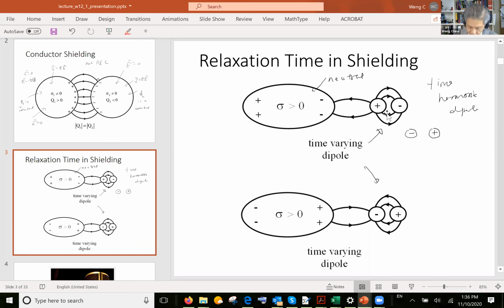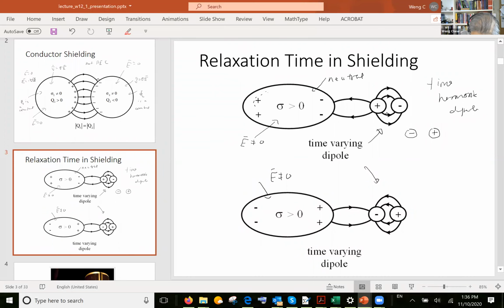It's quite easy to prove that the field is not zero when you have a time varying dipole. But you can actually show by numerical simulations or solving some canonical problem that the penetration depth of the field is on the order of skin depth.